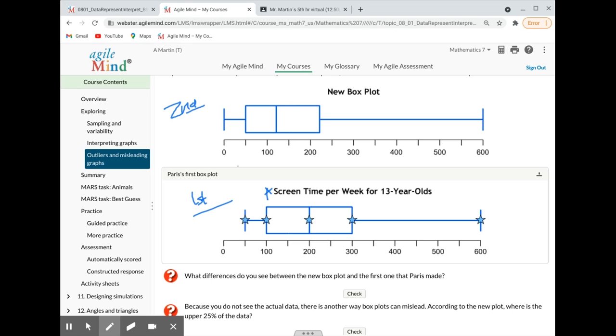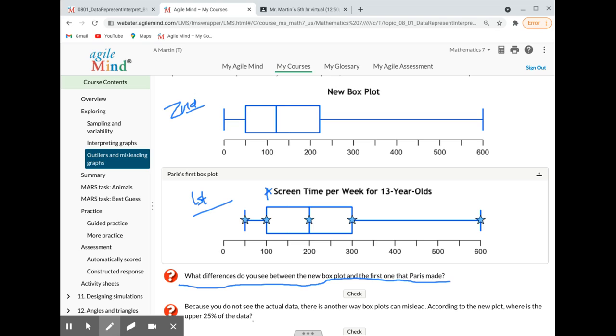Help her out, Sanaya. Can you repeat that? Yes, what do you notice that is different? We're answering this question right here. Let's help her out, Devin.